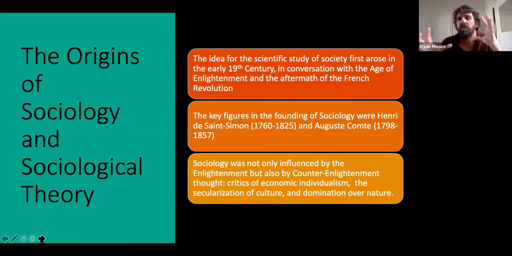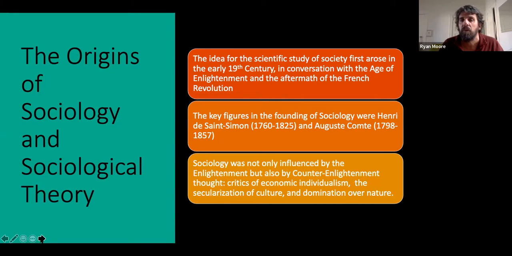So it has to be understood that sociology comes out of a dialogue or a conversation or an argument between the forces of the Enlightenment, the advocates of the Enlightenment on the one hand, and then more of a reaction to that Enlightenment from people that we consider the counter-Enlightenment. The counter-Enlightenment can't really be understood as being either a left-wing or a right-wing thing, because it incorporates a little bit of both.